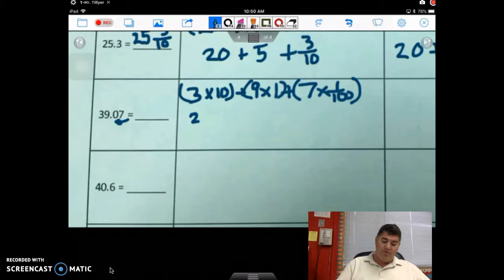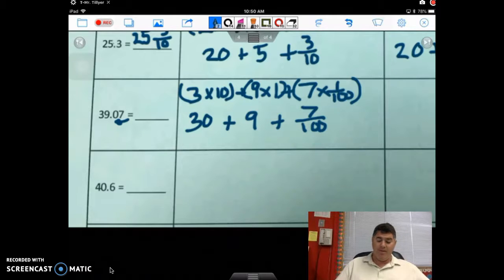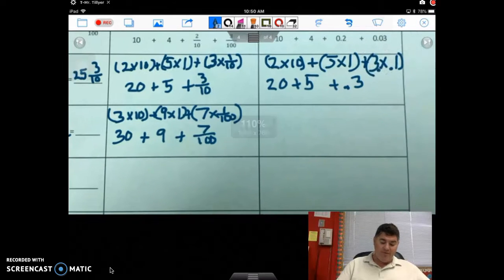Or it would be 30 plus 9 plus 0.0. Oops, I take that back. I started writing it in decimal form. Let's write it in the fraction form. 7/100. Let's do this in decimal form now.